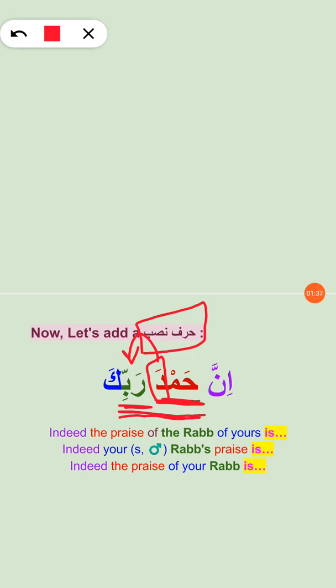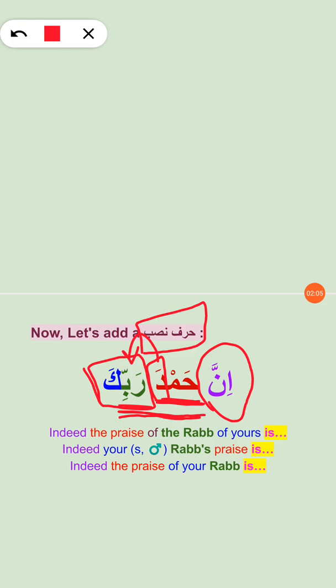Okay, so Hamda Rabbi is Muzaf Muzaf Ilaih fragment, and then we had already added Inna. So this Hamda is actually your ism of Inna, and it becomes Nasab, and Hamda Rabbi is your Muzaf Muzaf Ilaih fragment number 1. Next is your Rabbika. This, of course, is your Muzaf Muzaf Ilaih fragment number 2, and it means Rabb of yours.